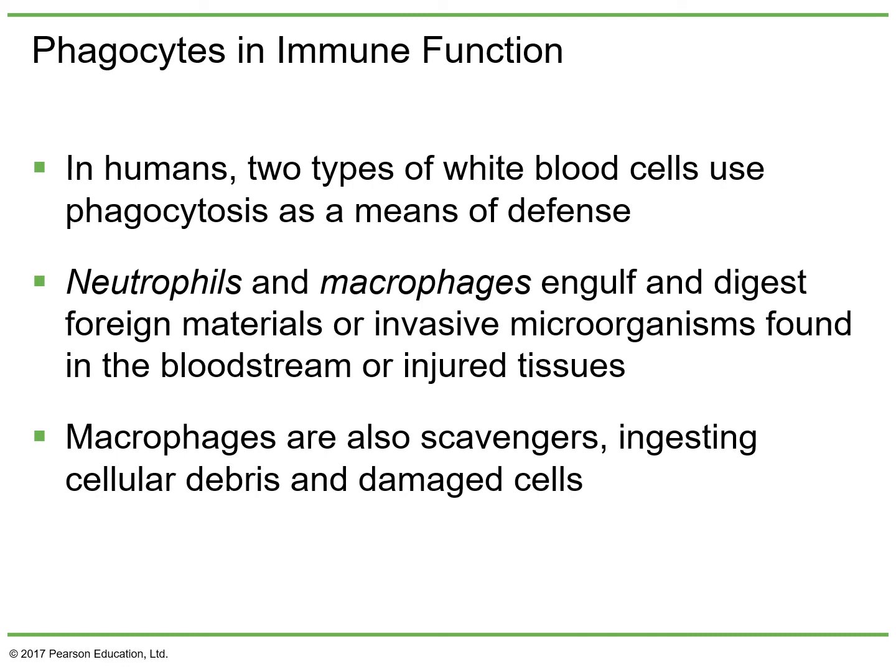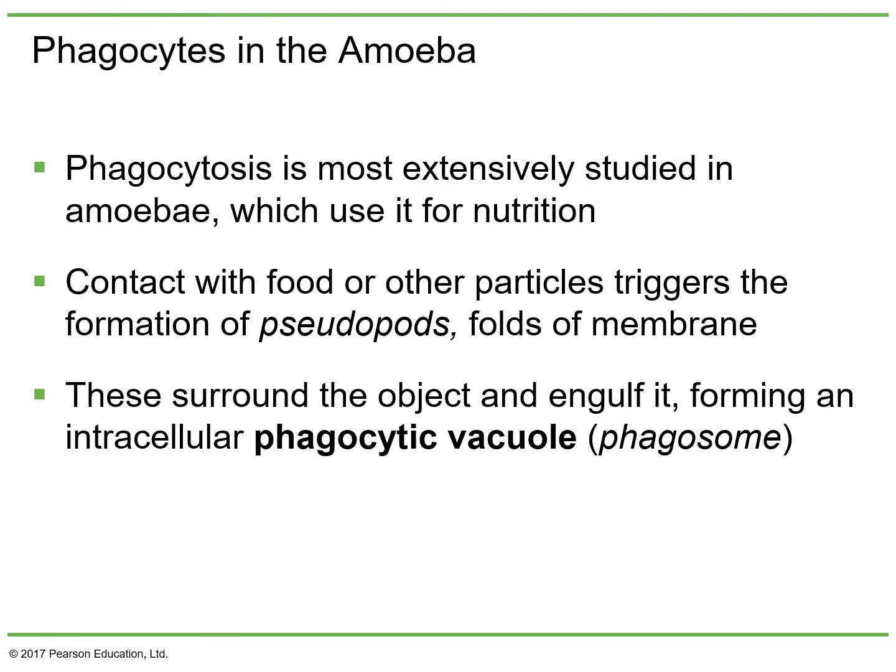A very good example of phagocytosis would be the function of the white blood cells like neutrophils and macrophages, as they would engulf and eventually digest foreign materials that are found in the bloodstream or in injured tissues. In the case of amoeba, the amoeba are capable of forming pseudopods, which are folds of the membrane that would surround the object, engulf it, and eventually form a phagosome.